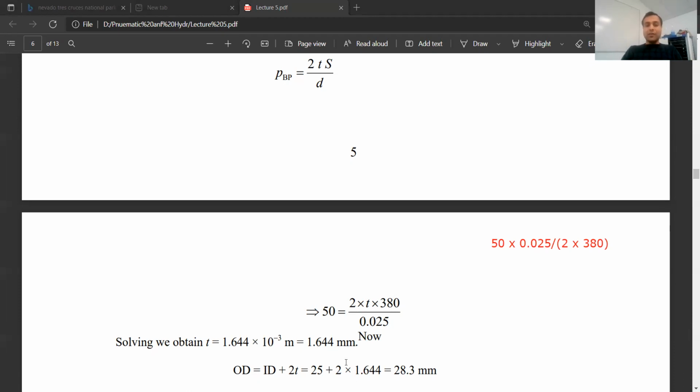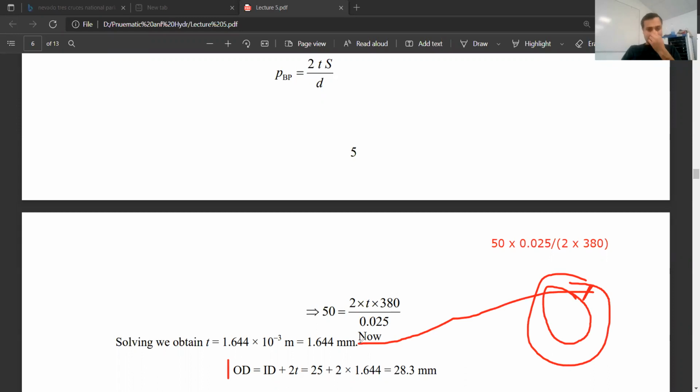Now you need to find out the outer diameter. To find the outer diameter, this thickness value is given to you, which is 1.644. And obviously there is another thickness here as well, which is 1.644.